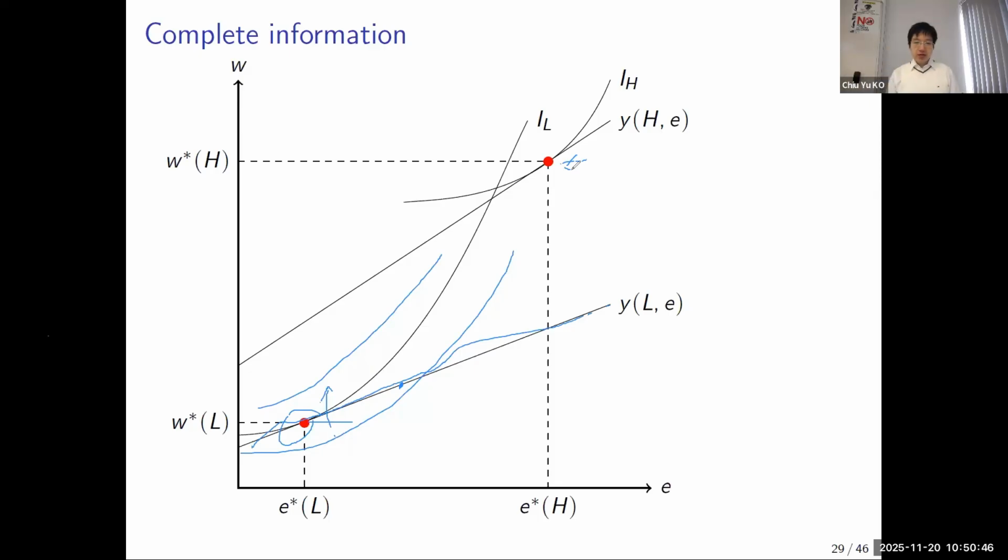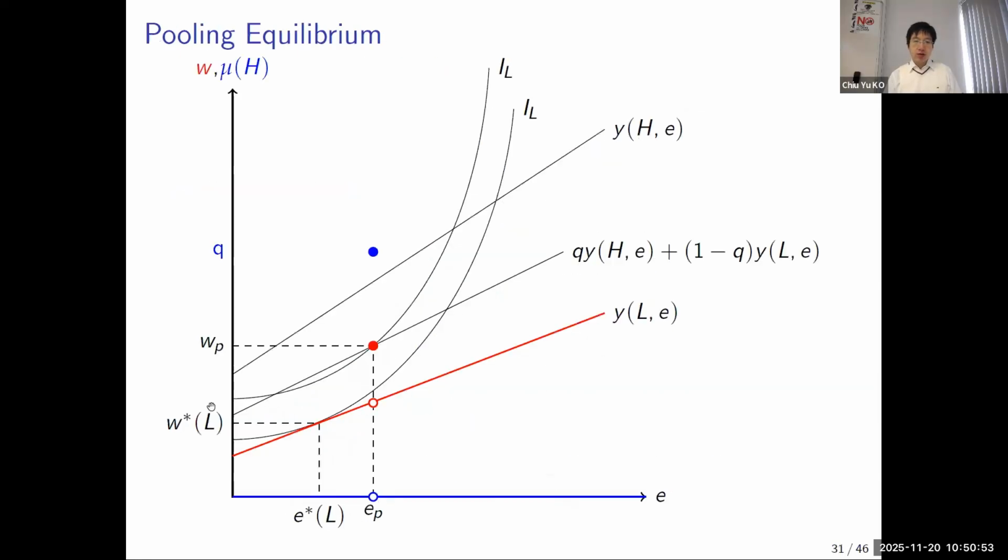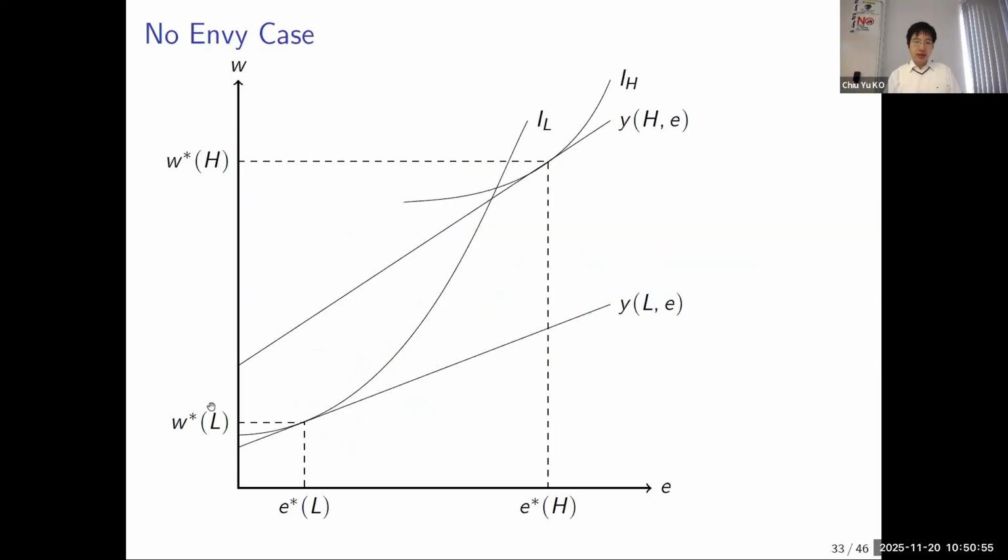So you will see two cases here. One is called the no envy case. One is the envy case. Later you will see, but let me talk about this first. The no envy case is where the low type and the high type, remember this is the high type equilibrium wage, the low type actually doesn't envy the high type.